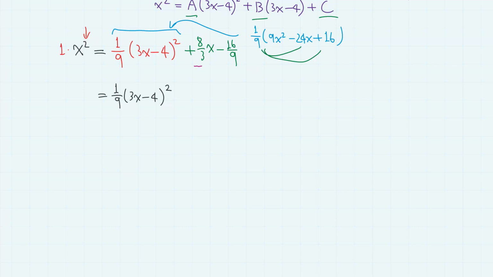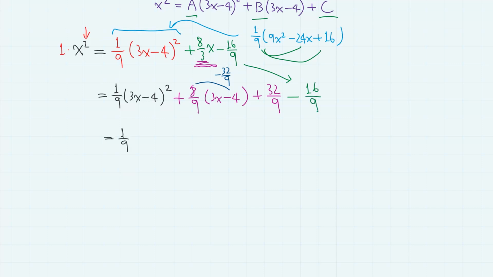So now we have 8 over 3x term, and you can easily rearrange this into 3x minus 4 term by writing 3x minus 4, and now this must be multiplied by 8 over 9 to give 8 over 3, and since this gives constant term negative 32 over 9, we add 32 over 9, and then this constant term minus 16 over 9.